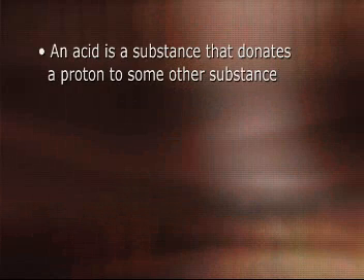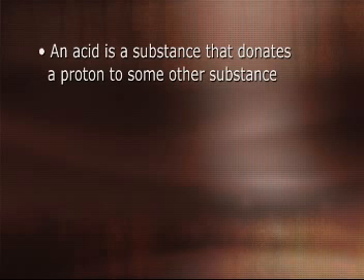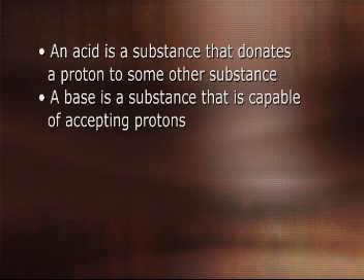According to the Bronsted-Lowry Concept, an acid is a substance that donates a proton to some other substance. A base is a substance that is capable of accepting protons. Bases are proton acceptors.